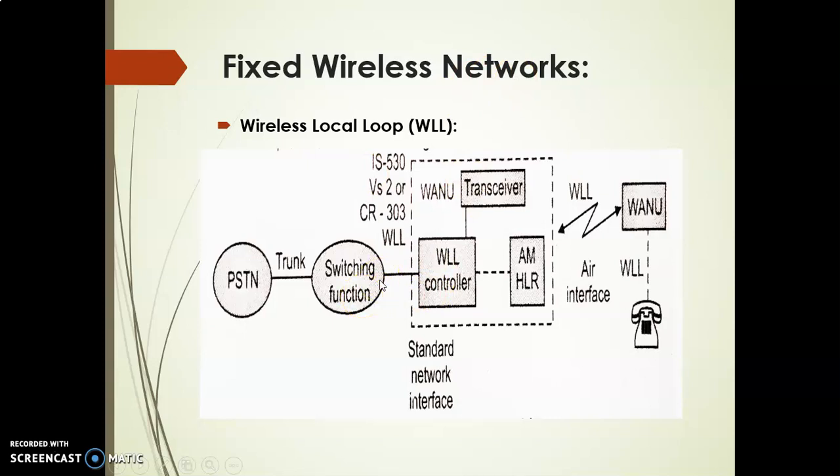Now the switching function is connected to WLL controller. WLL is the wireless local loop, and WLL controller again connected to the AM HLR. AM HLR, that is AM, that means amplitude modulation, and HLR is home location register.